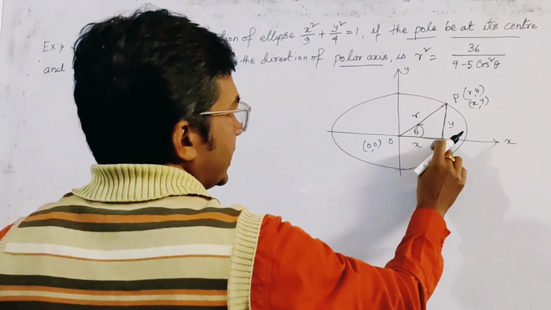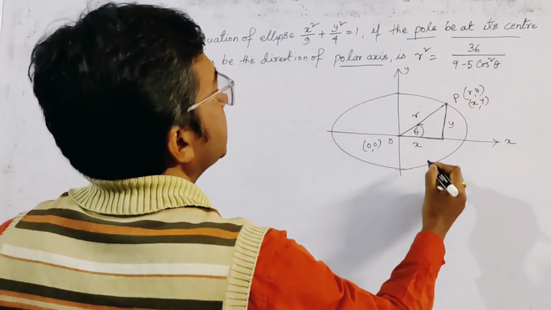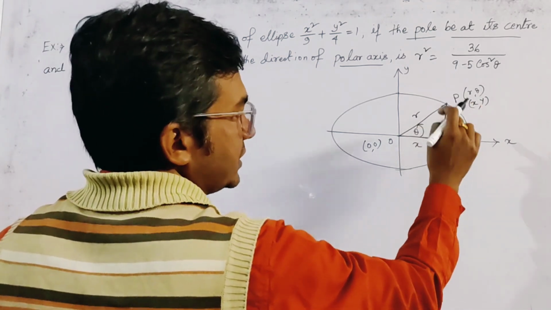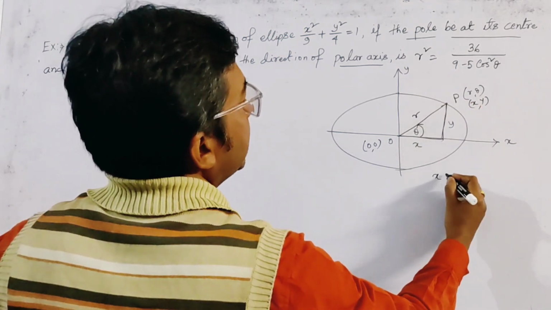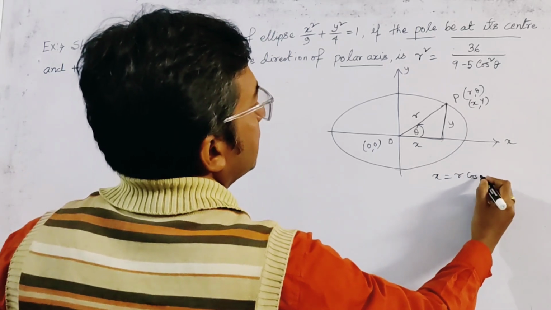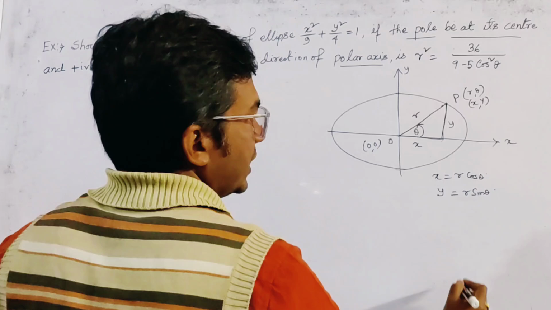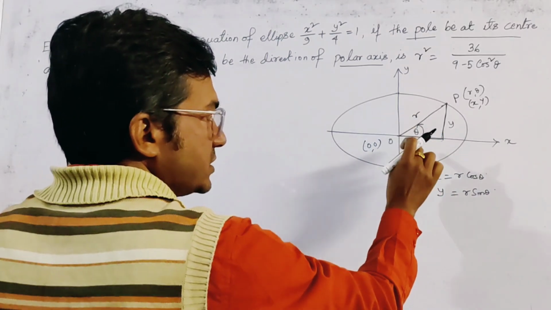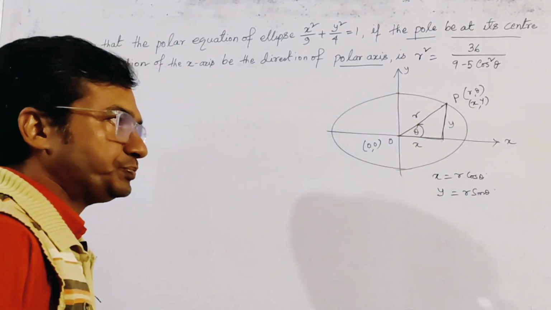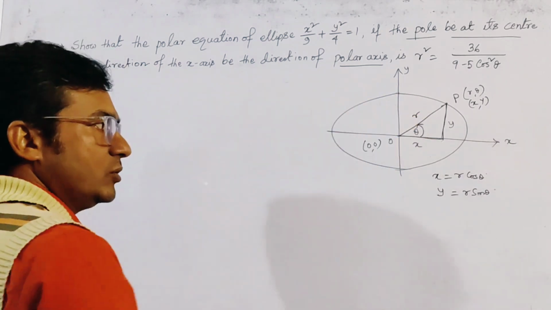And since this is a right angle triangle, we get the relation between x, r, theta and y, r, theta: x equal to r cos theta and y equal to r sin theta, because this is the hypotenuse, this is the base, this is the height, and this is the angle, okay?